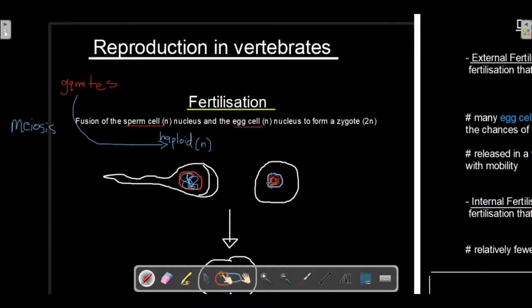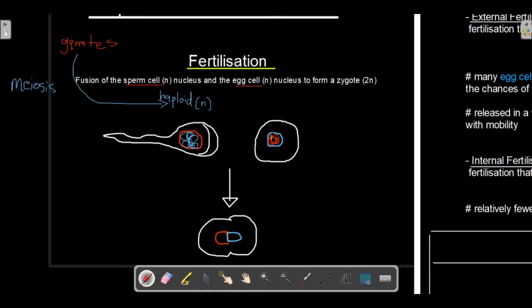This is the nucleus, this is where it is situated. During fertilization, these two nuclei fuse together, knowing that they are both haploid.